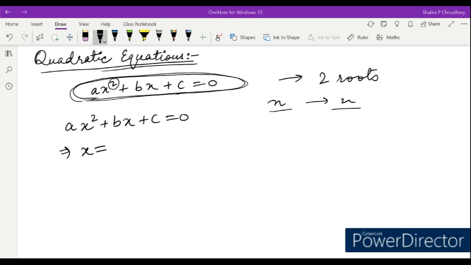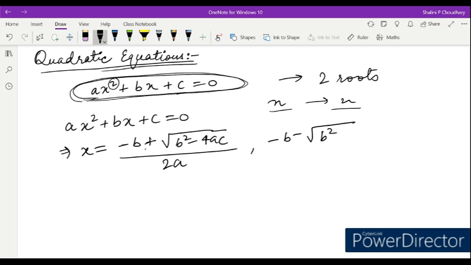The roots will be minus b plus minus square root of b square minus 4ac, divided by 2a. ठीक है, so there are 2 roots. एक तो है this is plus, minus b plus square root of b square minus 4ac, and minus b minus square root of b square minus 4ac, divided by 2a.